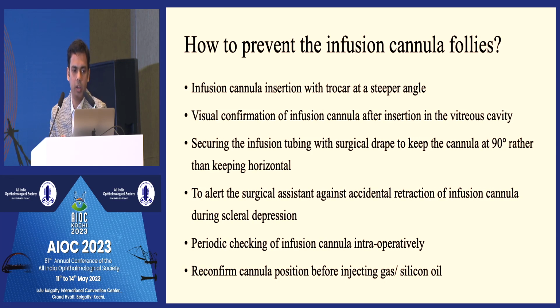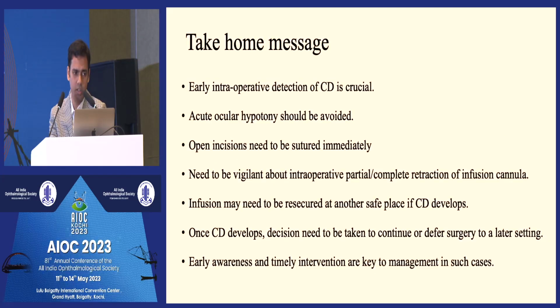It is good to secure the infusion tubing with a surgical drape to keep the cannula at 90 degrees rather than keeping it horizontal, and to alert the surgical assistant against accidental retraction, which mostly happens during scleral depression. The surgeon also needs to periodically recheck the infusion cannula intraoperatively, and particularly before doing gas or silicone oil infusion, we must reconfirm the cannula position.